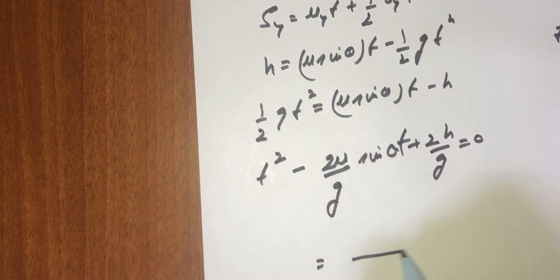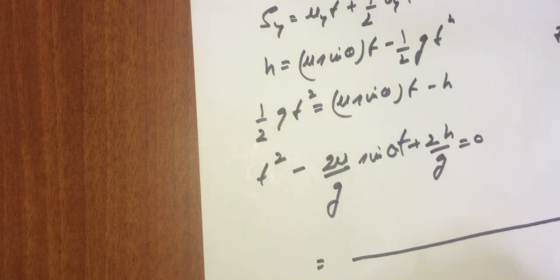The roots of the equation will be given as minus b plus minus square root of b square minus 4ac, divided by 2a.